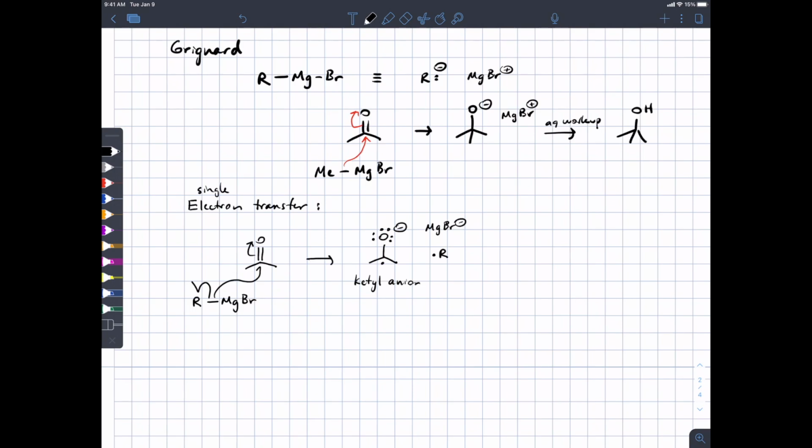And so at that point, what would happen is rapid recombination of the radicals to give you the tetrahedral intermediate, and then after aqueous workup, you would get your alcohol.